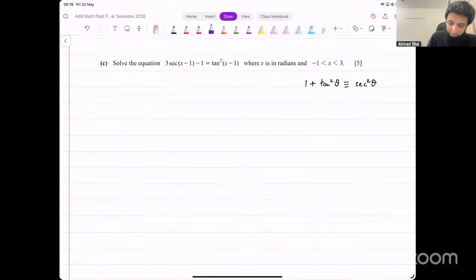So it will be easier to work with. 3 secant of x minus 1, that is equal to, if I bring 1 from the other side here, 1 plus tan square of x minus 1. I can use this identity to convert the right side to secant squared. So it becomes 3 secant of x minus 1. That is equal to secant square of x minus 1.